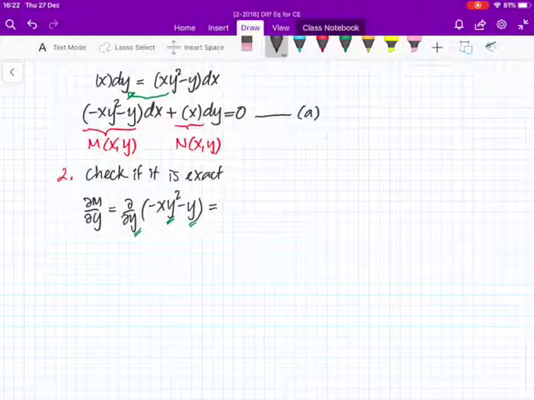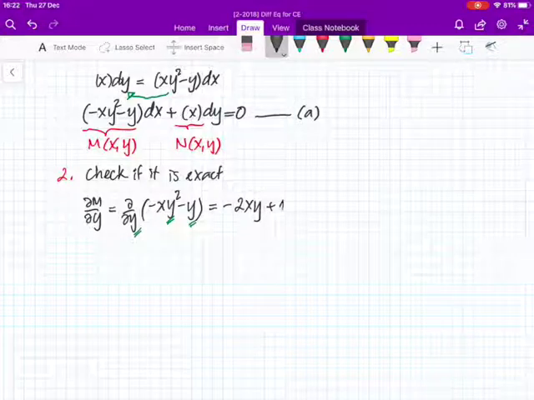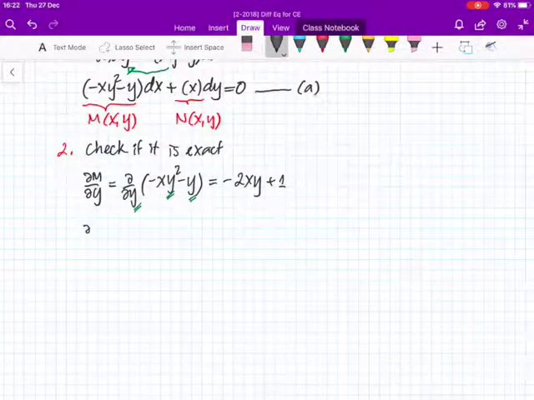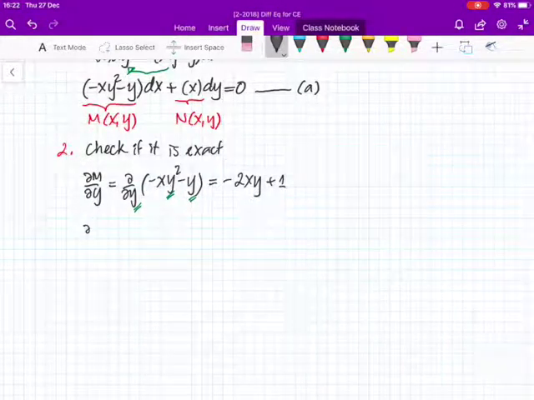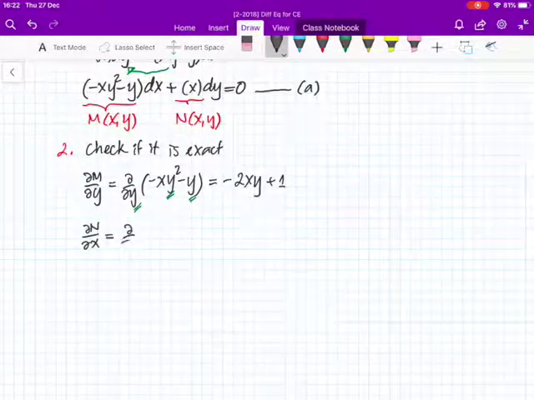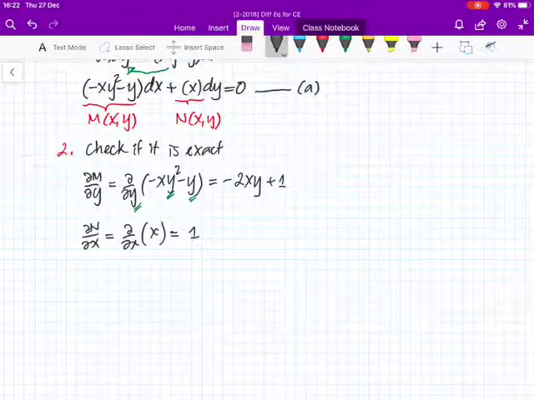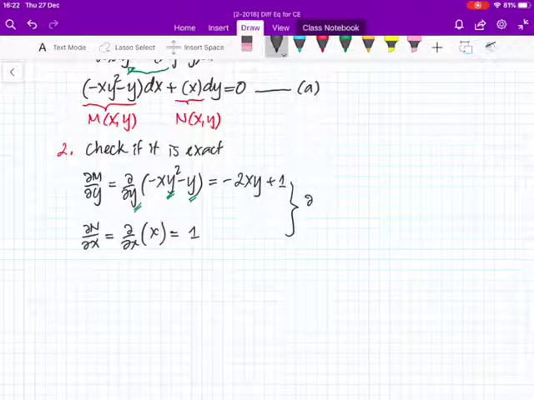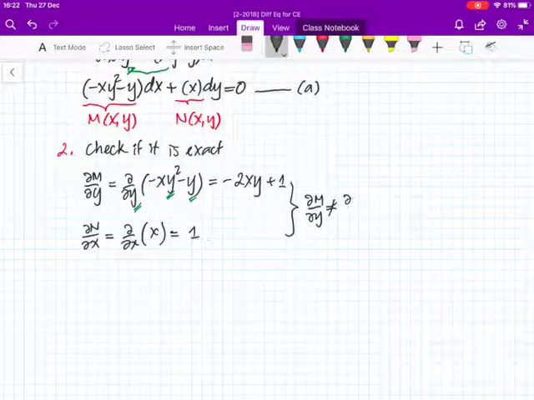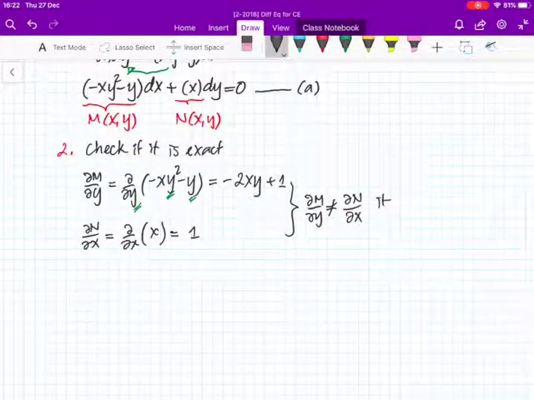So you get the result minus y plus 1. While the partial derivative of N with respect to x is equal to 1. It can be seen that the partial derivative of M with respect to y is not equal to the partial derivative of N with respect to x. So it is not exact.